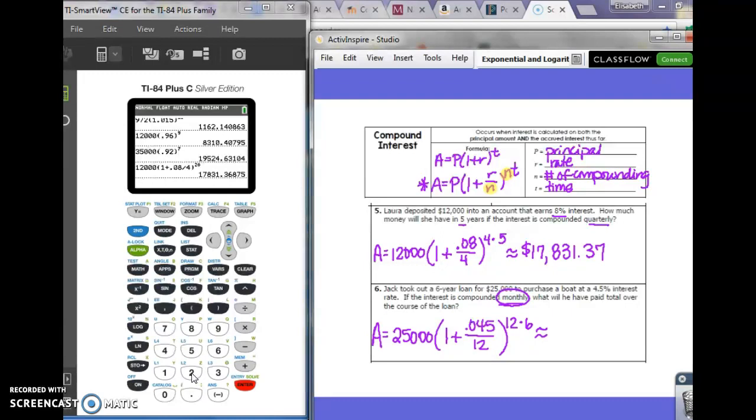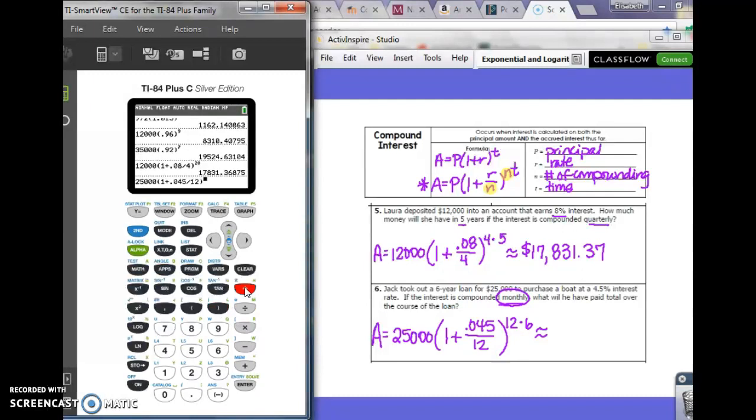So as I go to my calculator, 25,000 times (1 plus 0.045 over 12), close my parentheses, to the 12 times 6, that's 72. So that's the 72nd power.